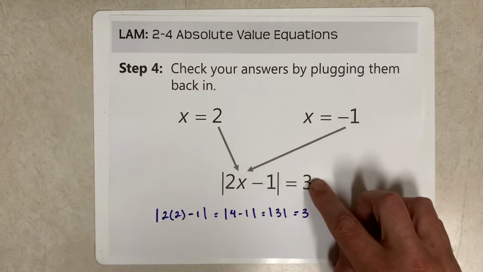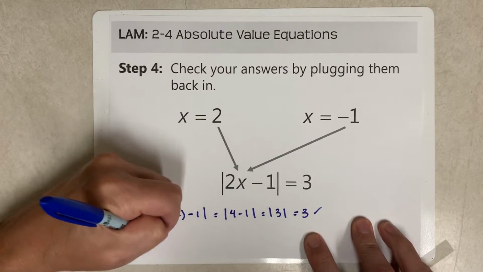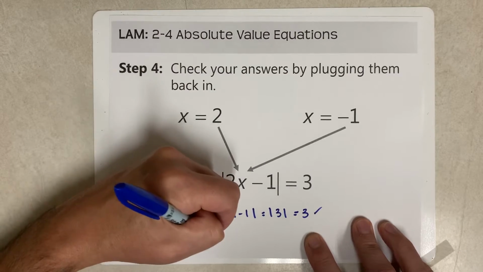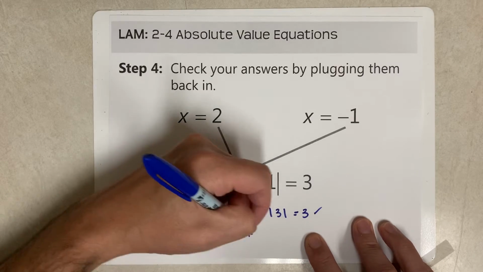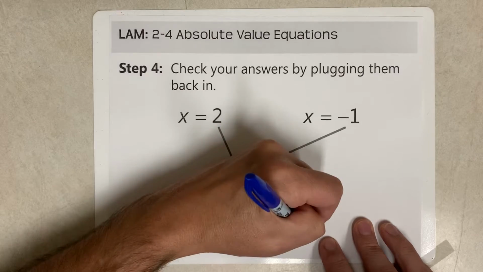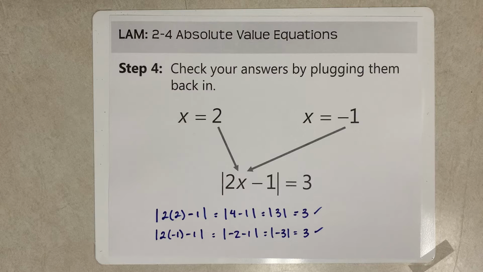And that's exactly what it is over here. So that checks out. If you try -1, absolute value of 2 times -1 minus 1 is equal to absolute value of -2 minus 1 is equal to the absolute value of -3, which is still 3. And so if you go back and check your answers on a test or a quiz, you can find mistakes that way pretty easily.